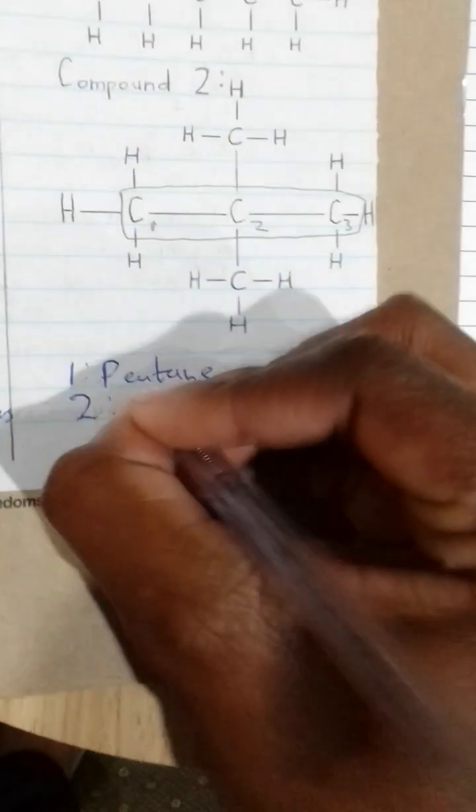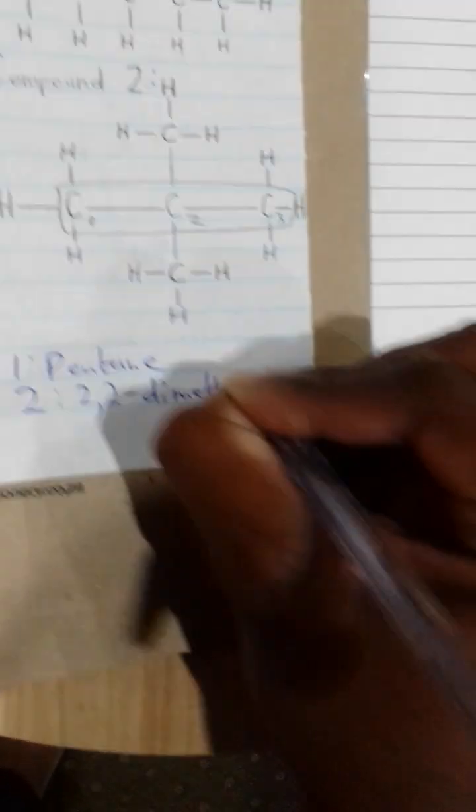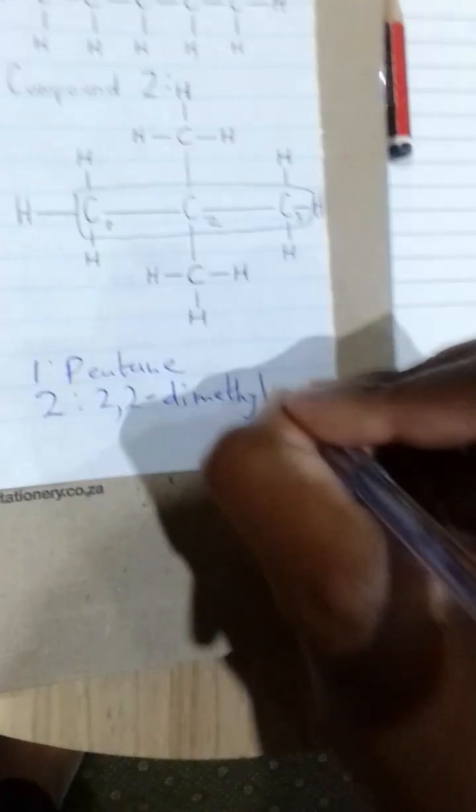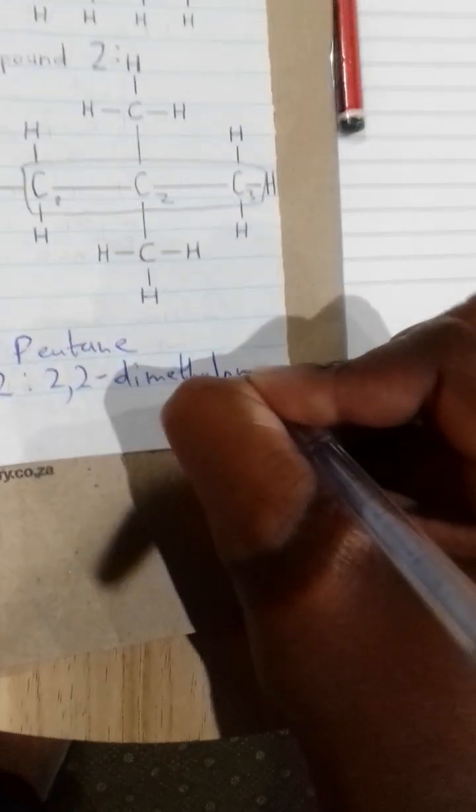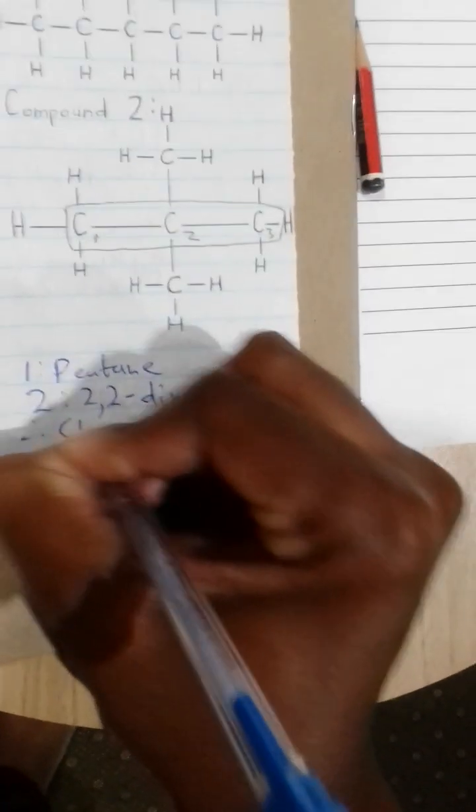So this is 2,2-dimethyl, meth, eth, prop. So dimethylpropane. But here there's branching. So therefore what are these? These are chain isomers.